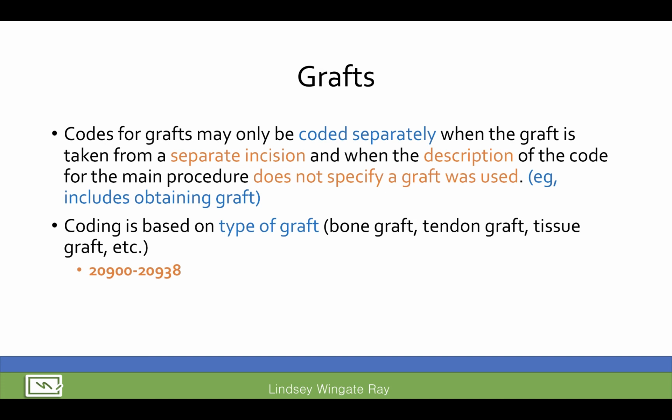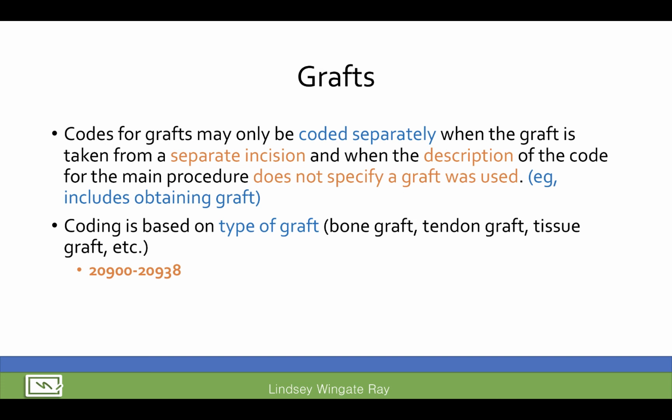Example, if the main procedure code descriptor says includes obtaining graft, these codes cannot be reported separately. Coding is based on type of graft. You will see in these codes it specifies bone graft, tendon graft, tissue graft, etc. Look at code range 20900 through 20938. There are add-on codes for the spine, and we're going to go over that a little bit later when we're talking about spine procedures.